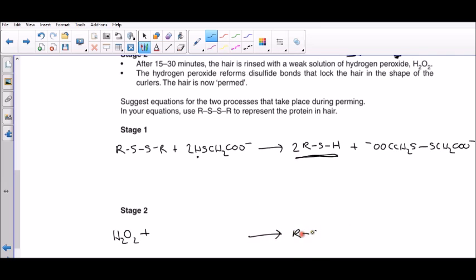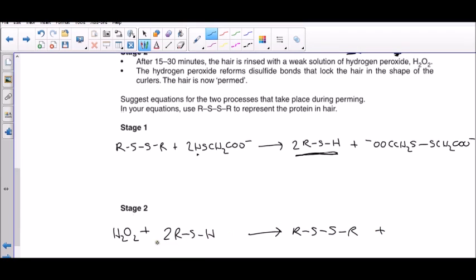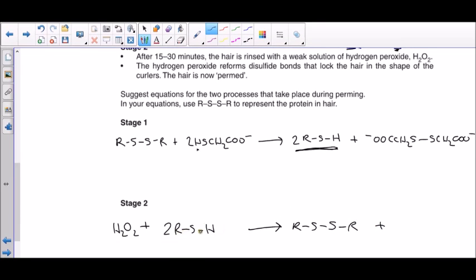So we're going to have back the RSSR protein. We'll put our two RSH molecules into there, and then we are getting rid of a proton from each, and there's two of them, so we're going to make two lots of water.